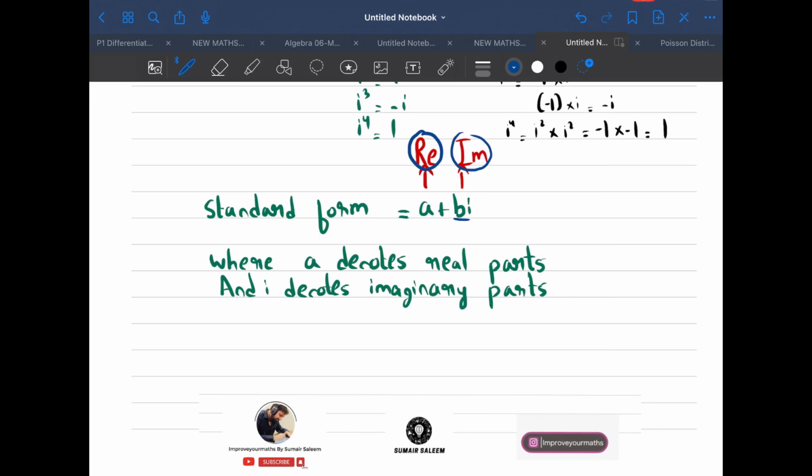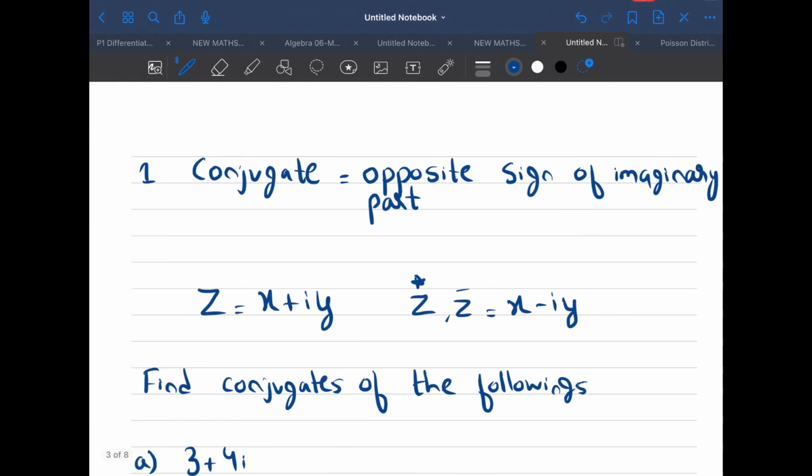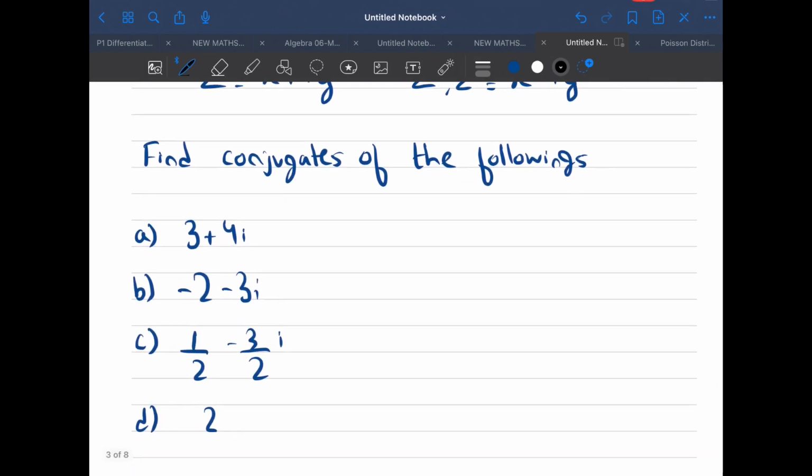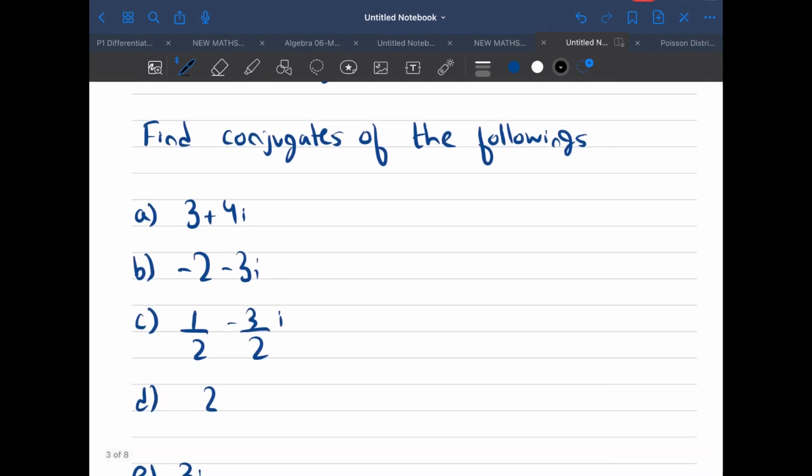Now we are beginning with the first point of section 1, that's conjugate. What's conjugate? It means the opposite sign of the imaginary part. It's denoted by this sign, or any other sign that's mentioned in the question. So what will be the conjugate of 3 plus 4 iota?